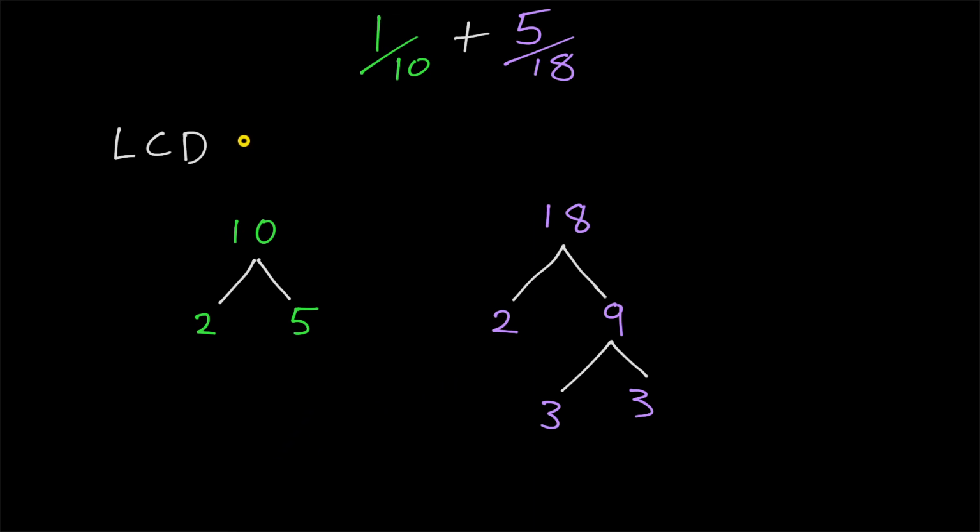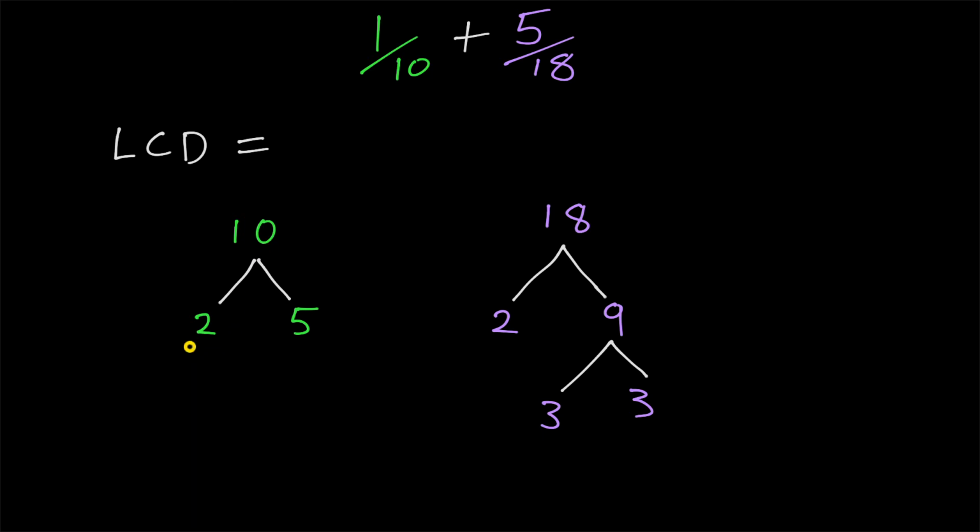So what is our least or lowest common denominator? Well, it is going to be that denominator which has the highest combination of powers for every one of the numbers that you see here.